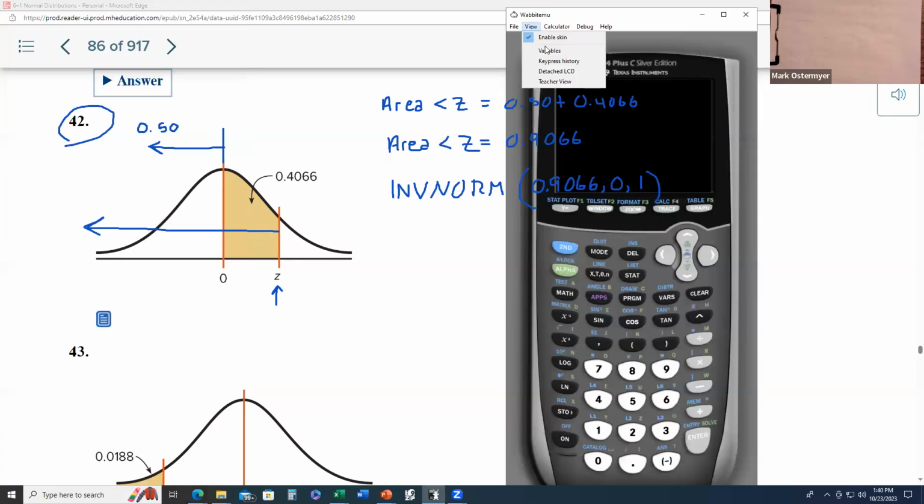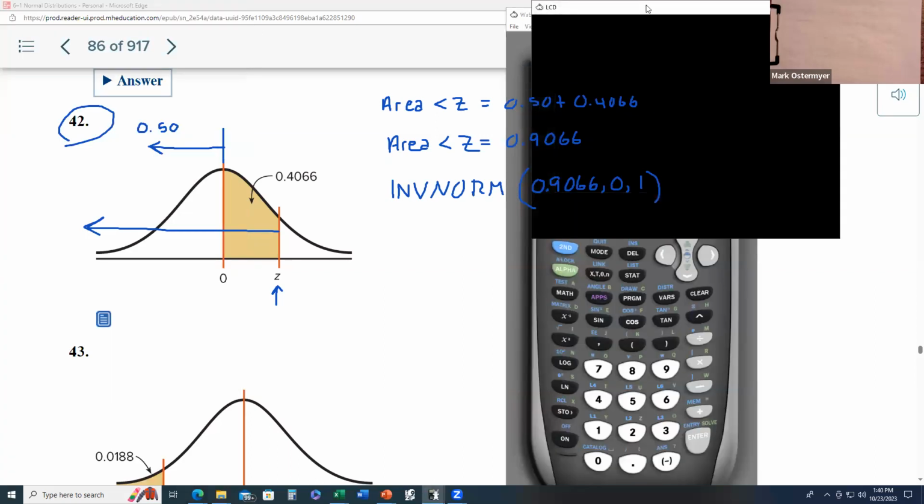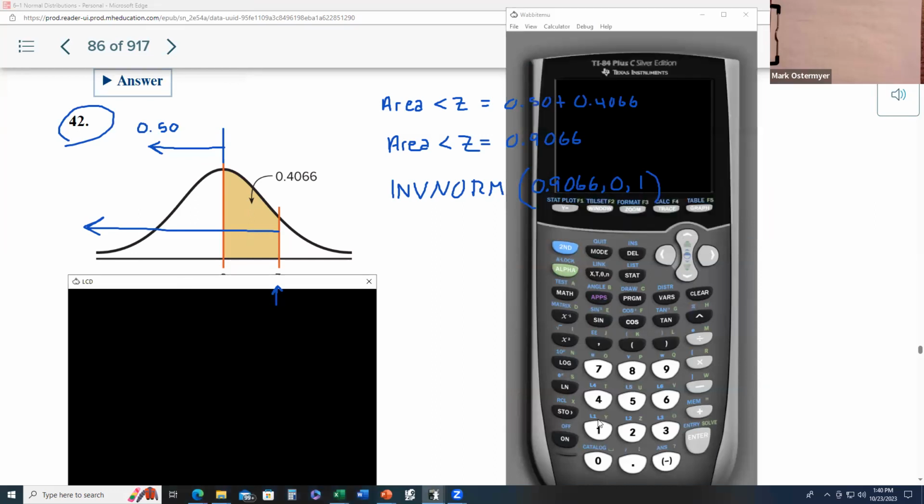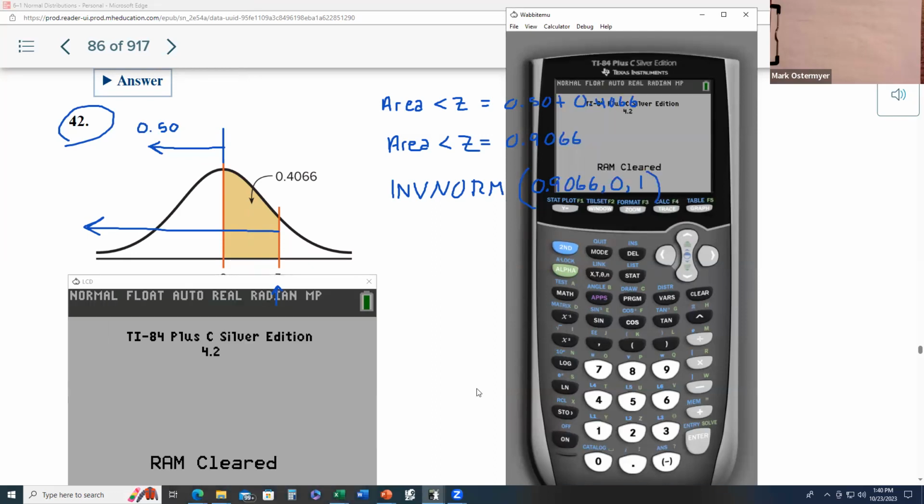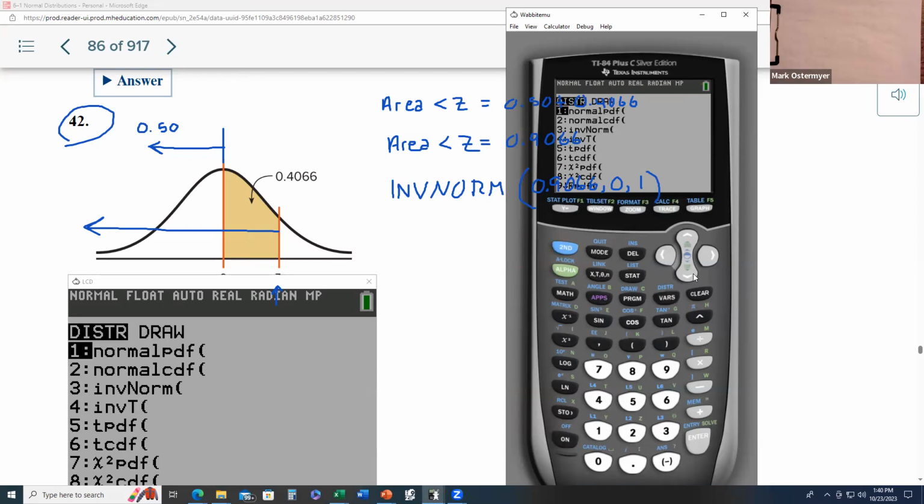All right, so let's see if we can find it. Turn the calculator on. Second vars. Go down to inverse norm.